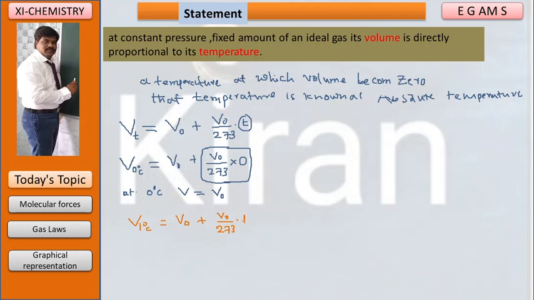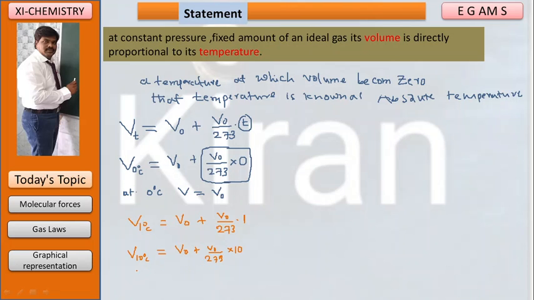So at 1 degree centigrade, the volume becomes V naught plus V naught by 273. The same way, at 10 degree centigrade, the volume is V naught plus V naught by 273 into 10.